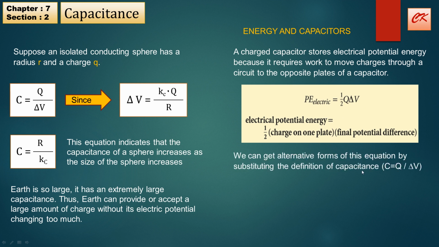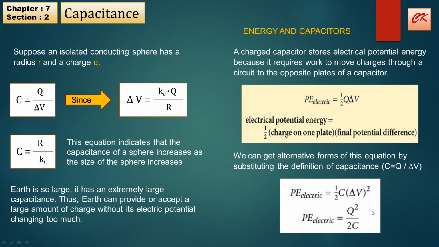We can get alternative forms of the equation by substituting the definition of capacitance. Instead of Q, we can put CV. Instead of V, we can put Q over C, all possible.